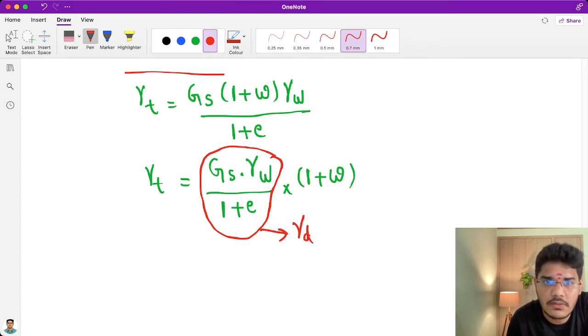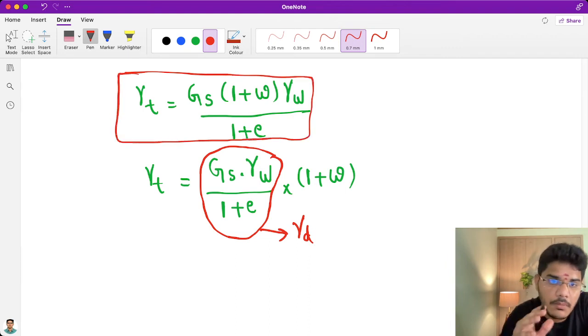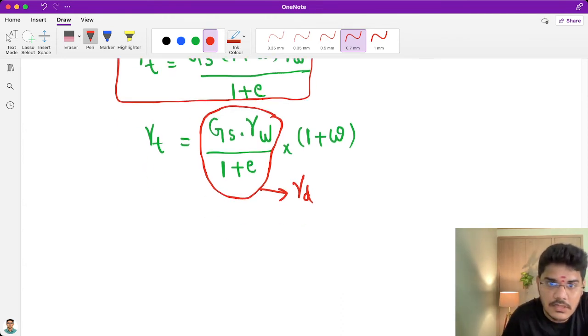So with this, the gamma T portion is completed, but we will be deriving one more formula in the next videos. Anyway, I will be deriving it one more time while discussing gamma d is equal to Gs gamma w by (1 plus e). But here, since we are deriving, I will include this one also.